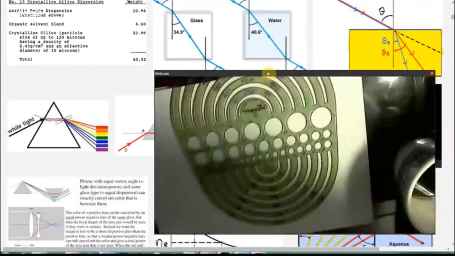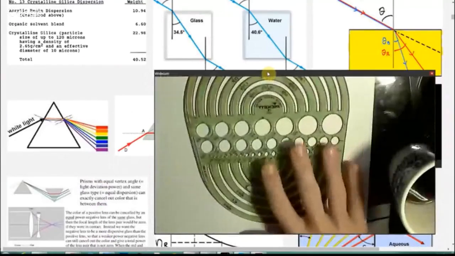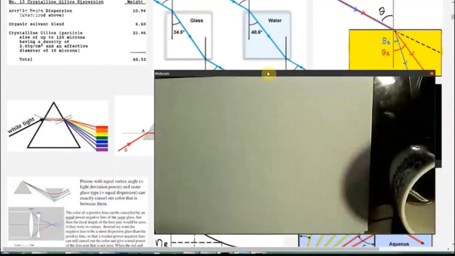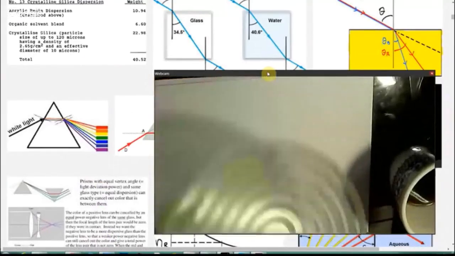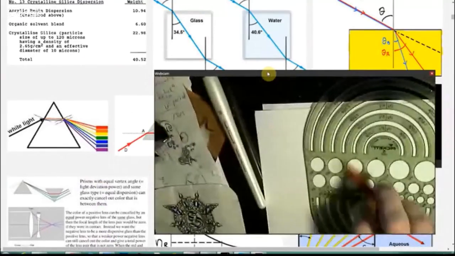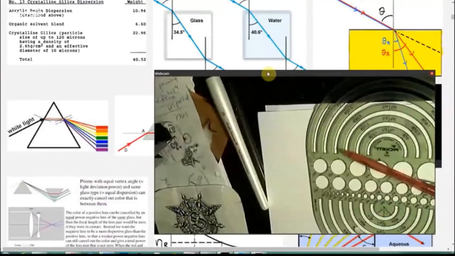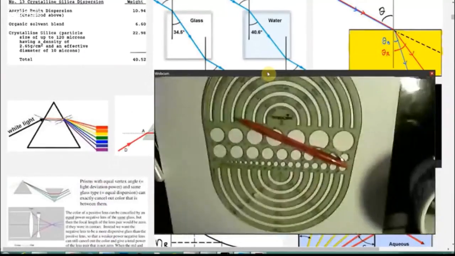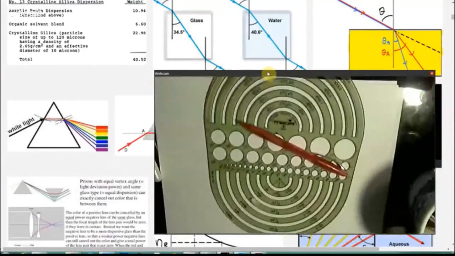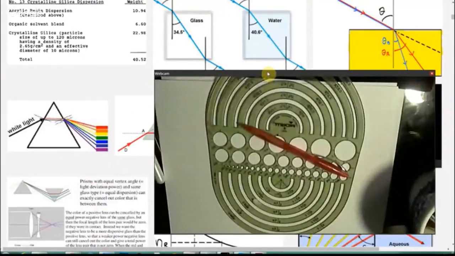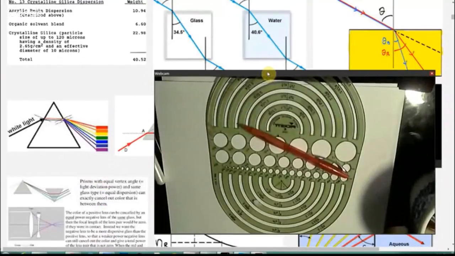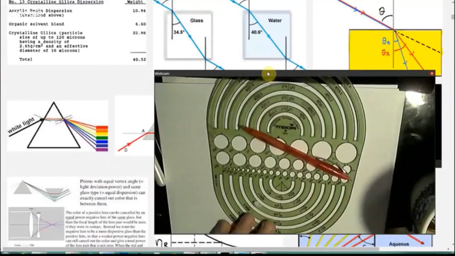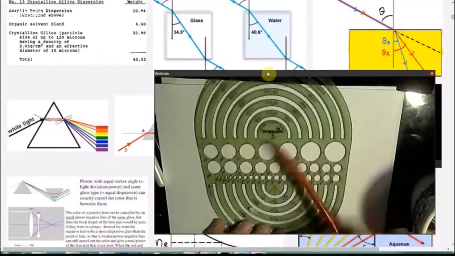Sorry about the angle. That's the best I can do with this setting. Microphone over here. Trusty pencil.